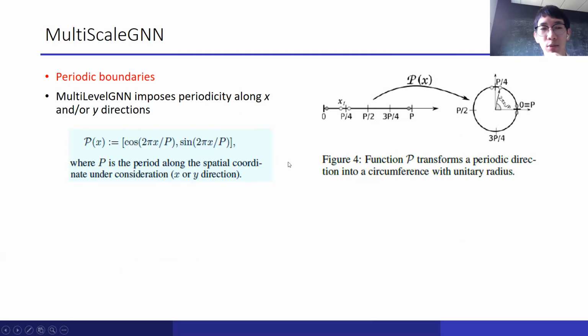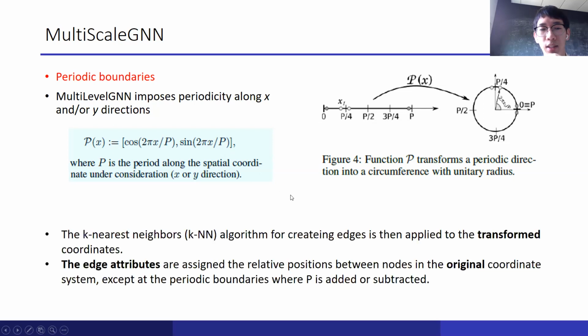Some of us may be familiar with this because we also have similar operations for PINNs and DeepONets. And the idea is that the k nearest neighbors algorithm for creating the edges will be applied to the transformed coordinates.